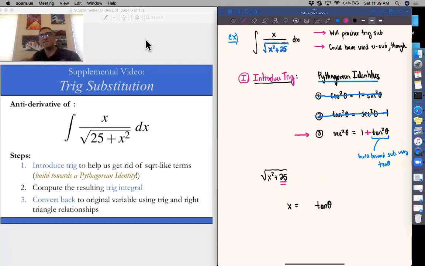We don't just have an x squared plus 1, we have an x squared plus 25. So in our substitution, I'm going to put an unknown variable a that we'll solve for in a moment, to compensate for that 25 under the square root.